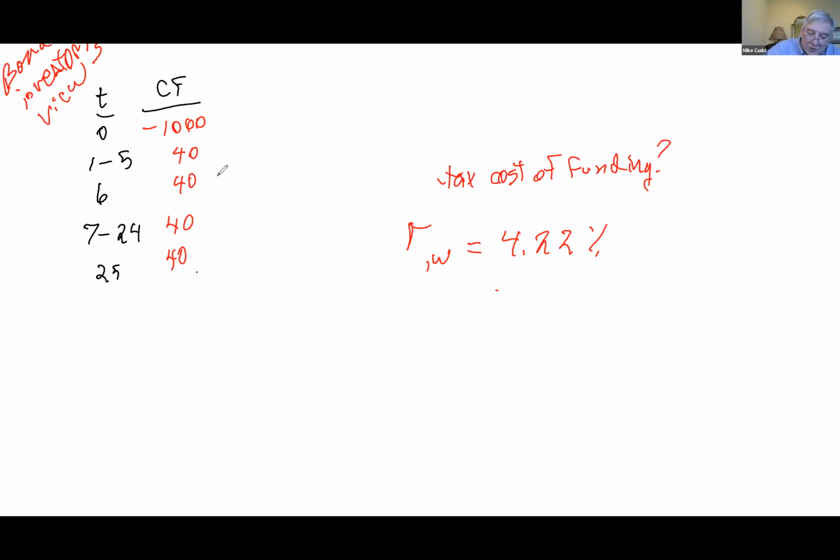Plus, the bond investor in year 6 would get that extra bonus from exercising the warrants. I forget, it was 67, I think it was. And when the bond matures, the bond investor would get $1,000.